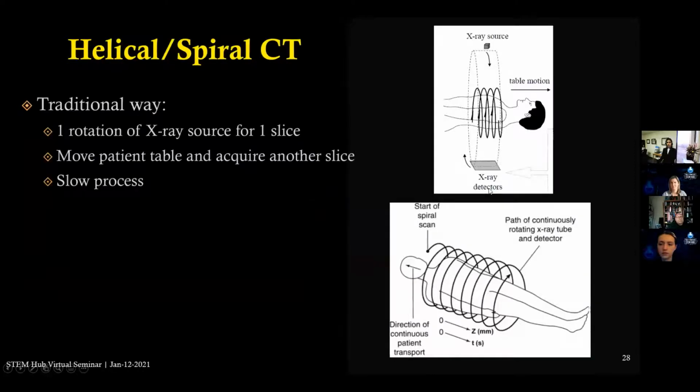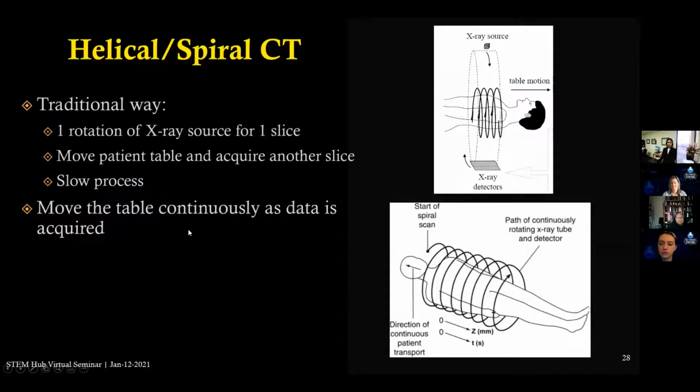And that is the regular CT. The traditional way is that in one X-ray rotation, or one time the X-ray tube rotates, you are able to capture only one slice. And then you have to move the patient table to acquire the next slice, and so on. But this process is slow. So what they later did is they moved the table continuously as data is acquired, because in reality, if you're only acquiring the projections for 180 degrees, so only half a rotation, the other half rotation is just wasted.